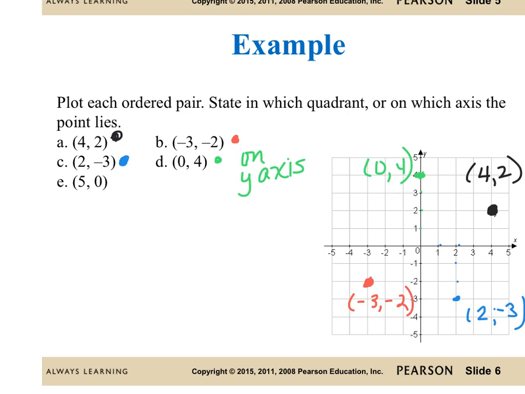Similarly, the point 5, 0 says that we go to the right 1, 2, 3, 4, 5. And that point is on the x-axis.